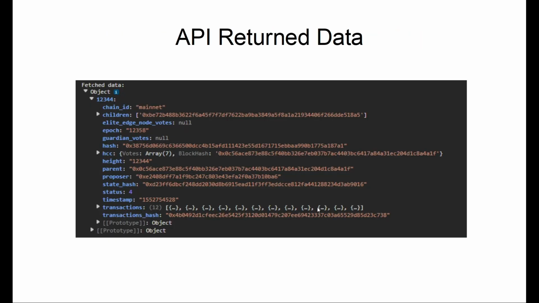So when we run this in our Explorer, it will console log out the block number that we just called for, 12344, and it'll give us that the chain's on mainnet. And if we come down here to the hash, it is the same hash, 187A1, and it has the same 12 transactions in it. So your application can then pull whatever data you need from the blockchain using JavaScript.